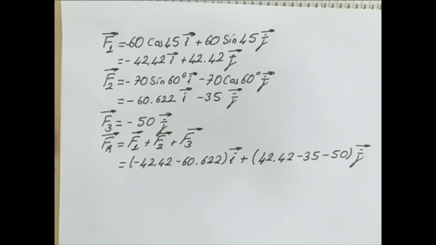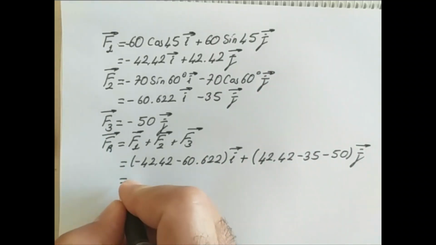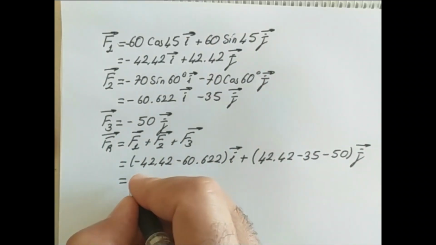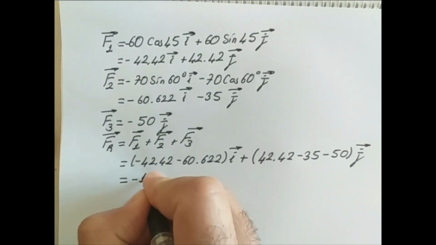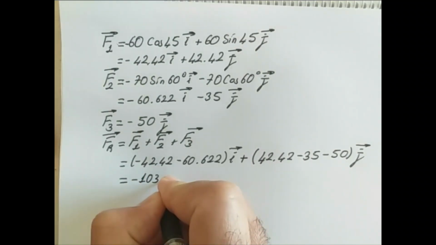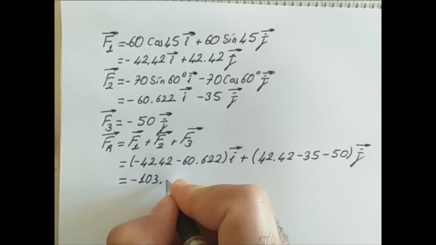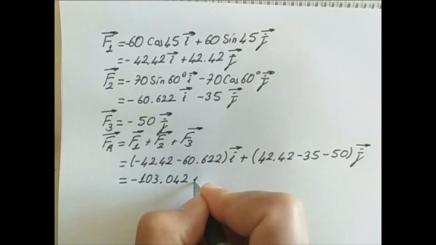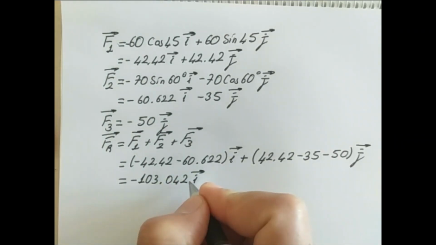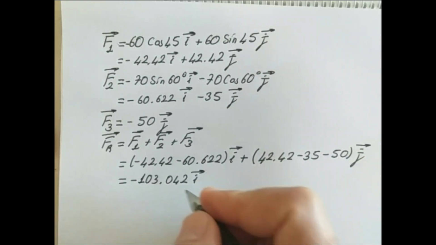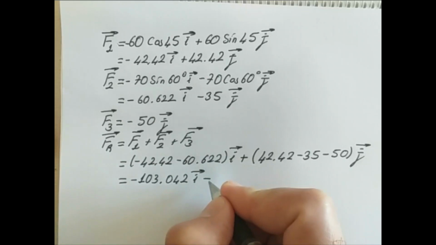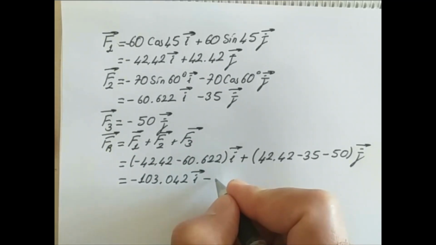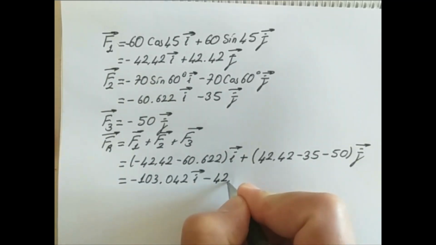So the x component is minus 103.042 i vector, and the j component, or y component, of the resultant force is minus 42.58 j.